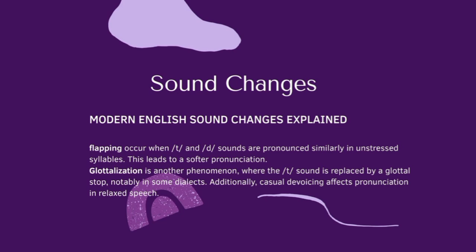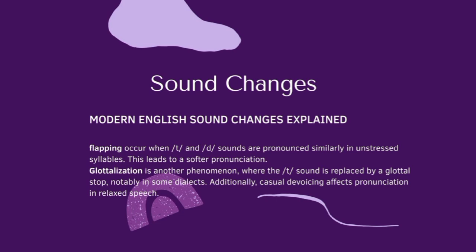Devoicing, which was mentioned earlier, is when a voiced sound like B or D turns into a voiceless sound like P or T, often at the end of the word. This is common in languages such as German, Dutch, and Russian.